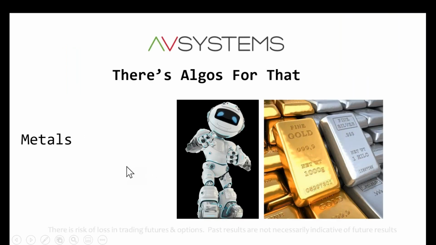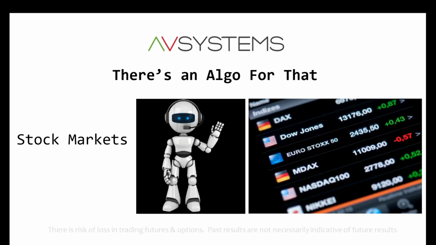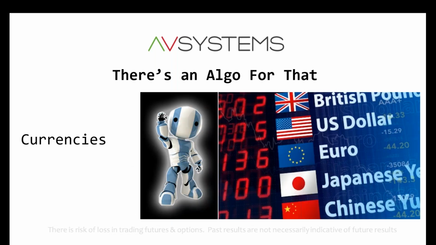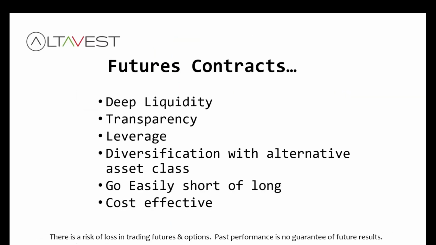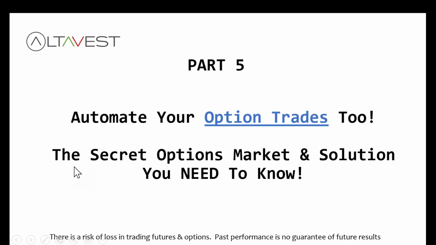So the metals market, algos do it, energies, stock market index, currencies, you name it. And remember, futures contracts have all these particular benefits: liquidity, transparency, leverage, alternative asset class, short or long, and cost effective. So keep that in mind, and let's jump into options trading.